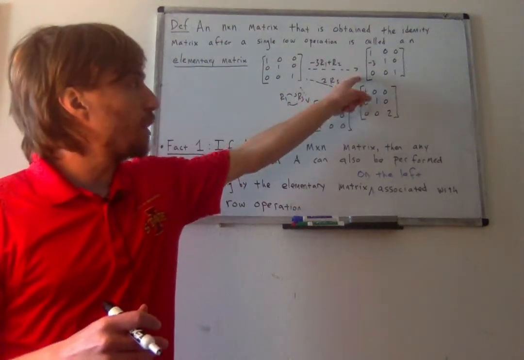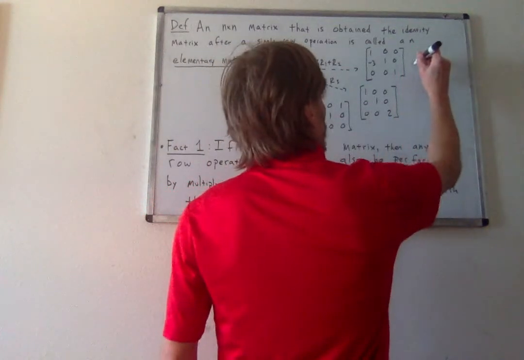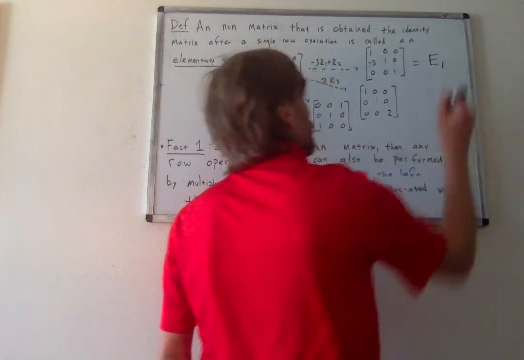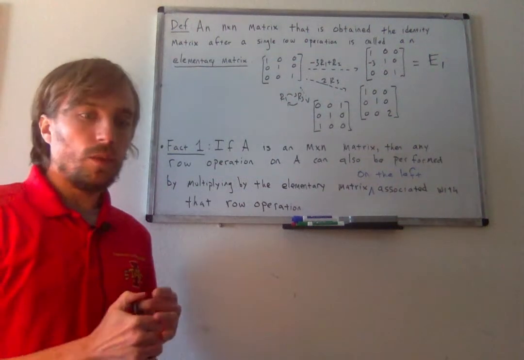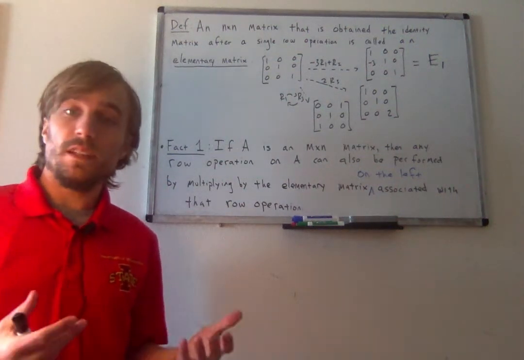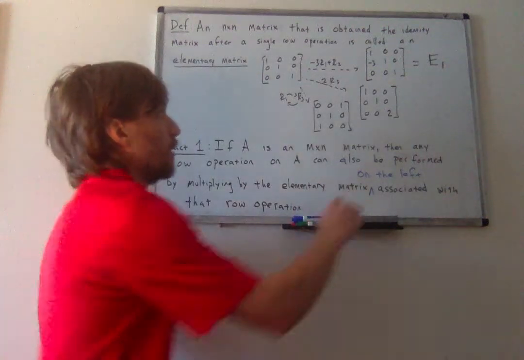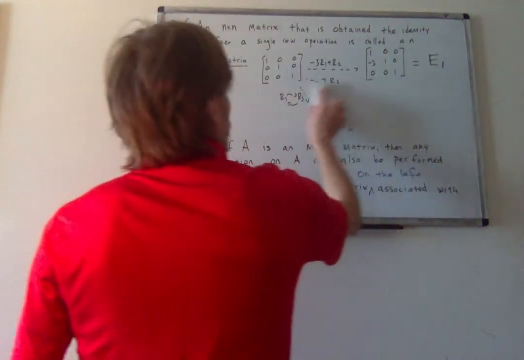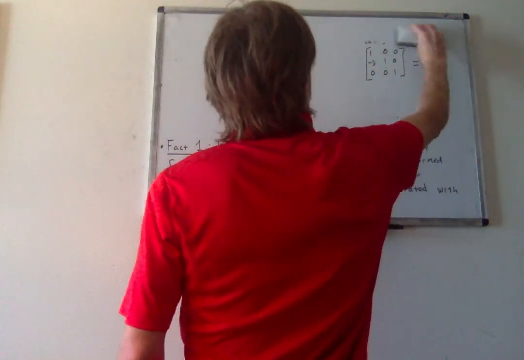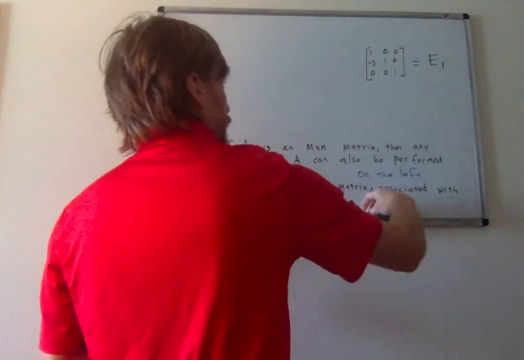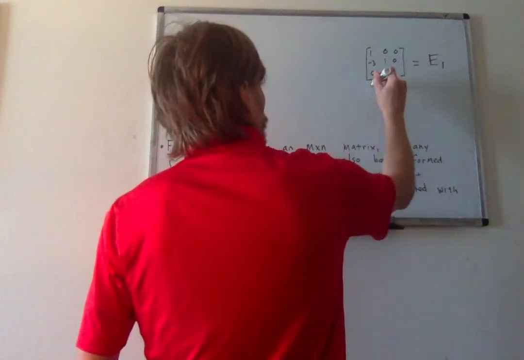So I want to do an example with this matrix here. We'll call this matrix E1. And so I'll give you a matrix A, and then we can verify that, in fact, this is doing what we think it's doing. Actually, maybe for the fun of it, because I think this is cool, we'll do a couple.